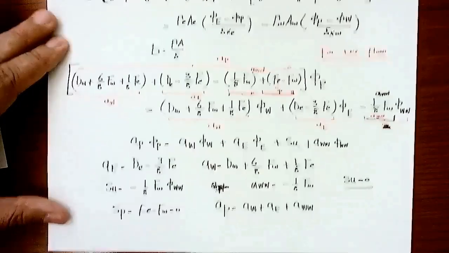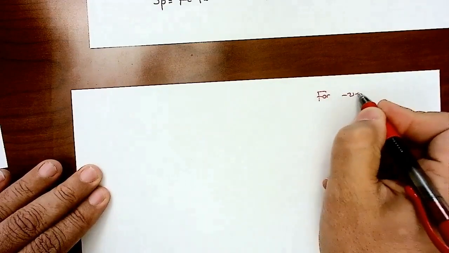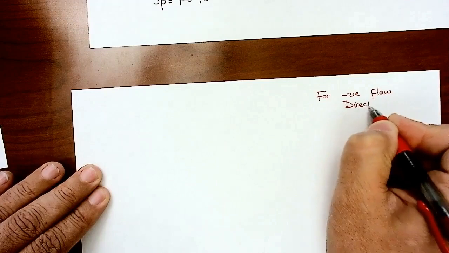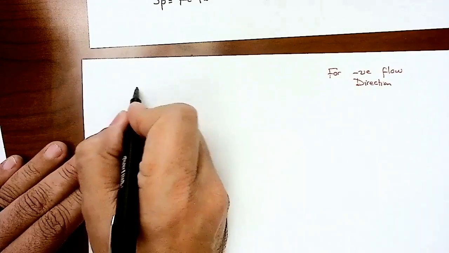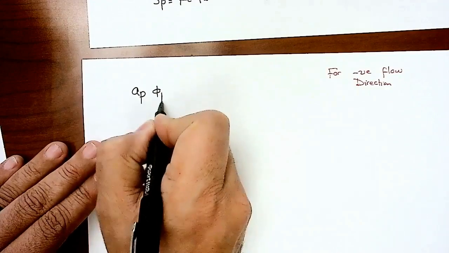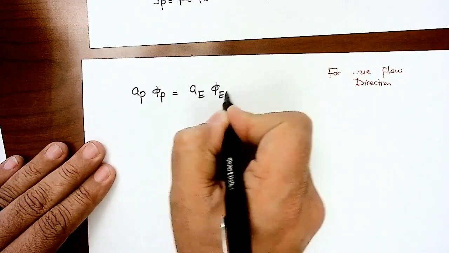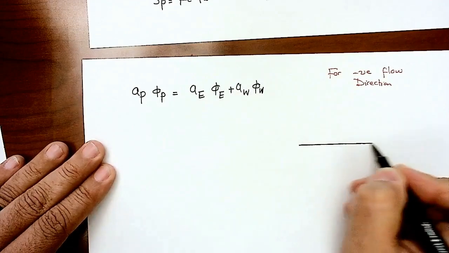If you want to go for the negative flow direction, I will get the following equation here: AP phi P equals A East phi East plus A West phi West. Now you are getting this.